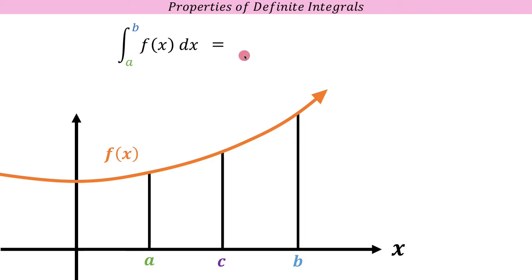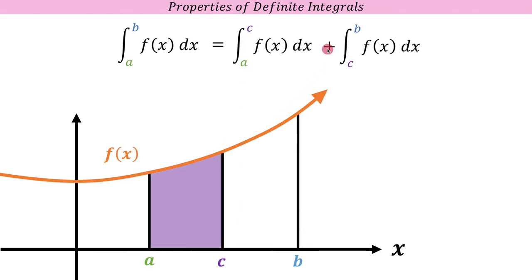What we're going to do is say, well, the definite integral of f of x between c and a is going to correspond to this area. So then I would just have to plus on the definite integral of f of x between b and c. So b and c would correspond to this area. So by plussing together these two areas, obviously it's going to be equal to what I started with.